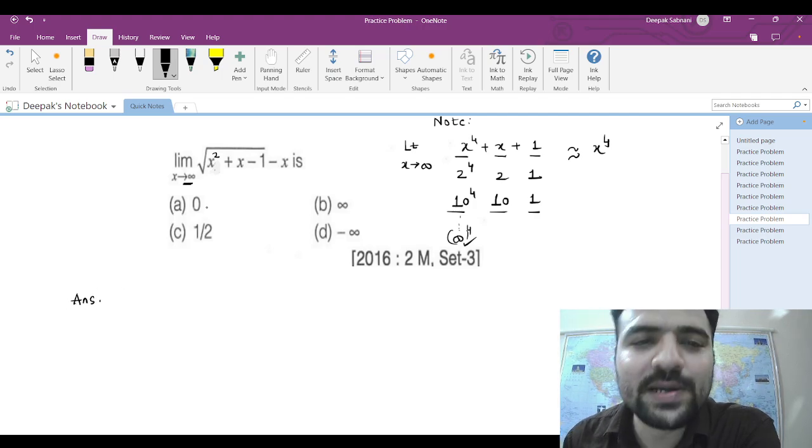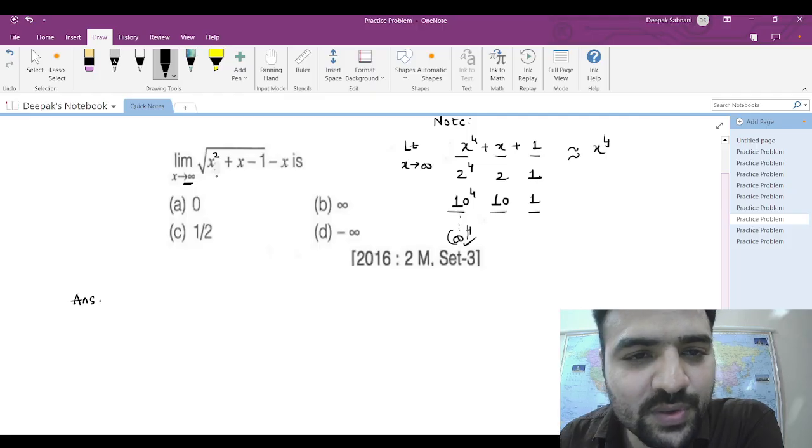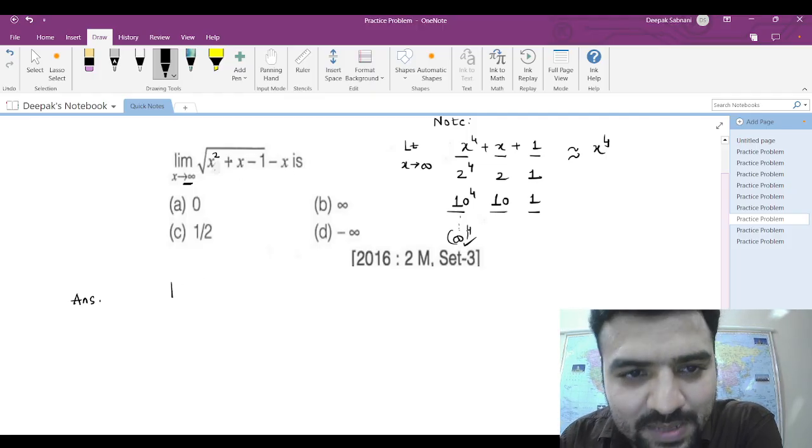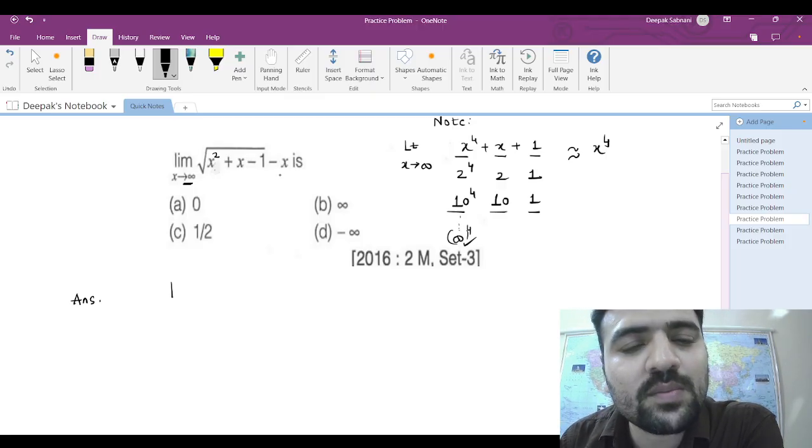First thing I will do: I'm seeing a root here, so you can rationalize it. Rationalizing means multiplying by root plus x and dividing by root plus x.